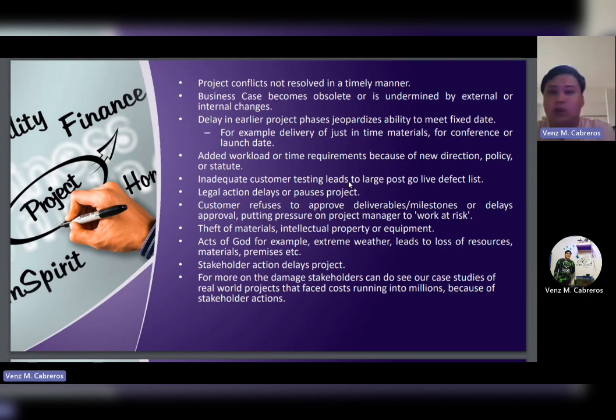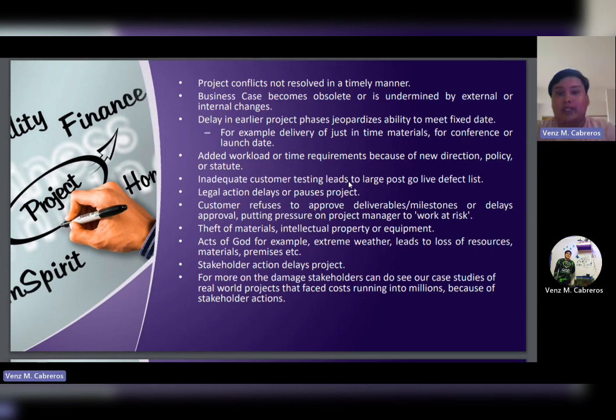Eradicate customer testing leads to large post go live deficit list. Legal action delays or post project. Sabi na kanang legal action delays or post project, nitabo sa post project wagin mahuman tungod kay paagi pa nila legal action.